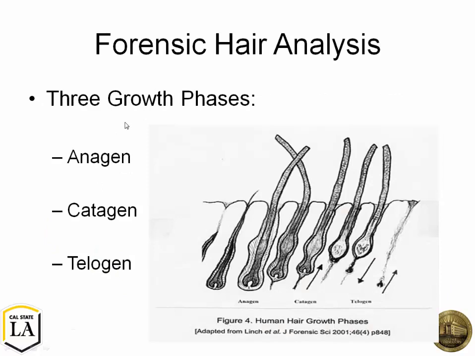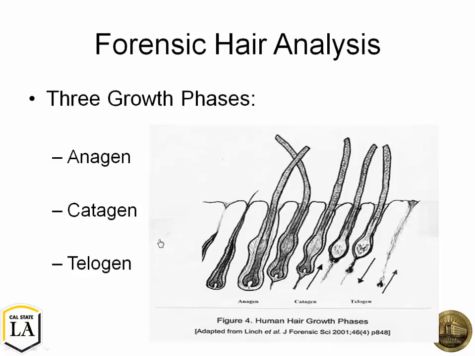It's also important to note that hair grows in 3 phases: anagen, catagen, and telogen. These are all specific phases of hair where you have growth followed by the hair actually falling out.